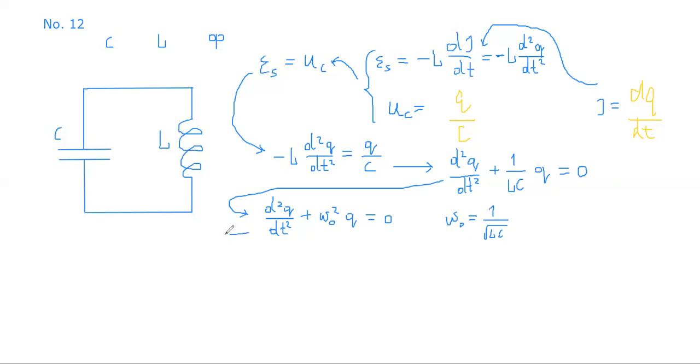I mean this: the electric charge q is equal to qv, the amplitude of electric charge, multiplied by cosine of omega 0 t plus alpha.